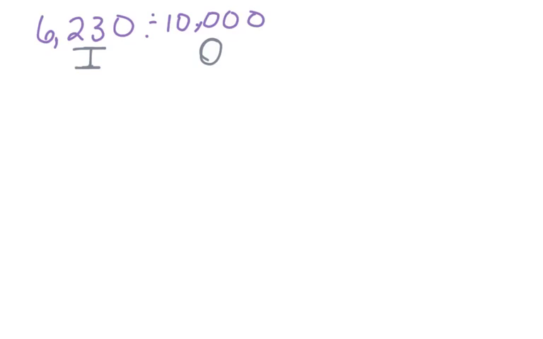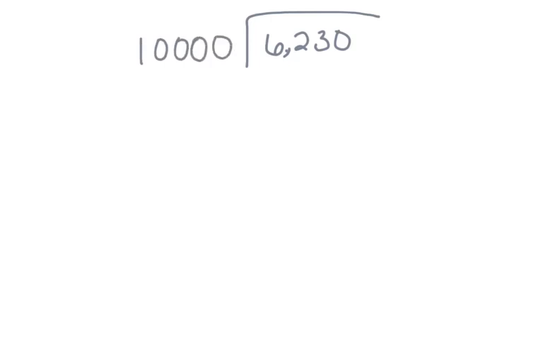Alright, so 10,000 can't go into this number at all. So we're going to need to add our decimal, line them up, and add another 0.